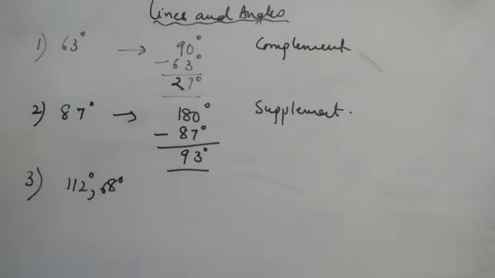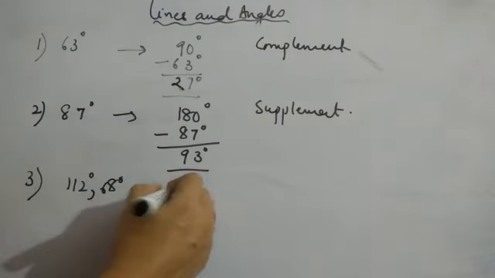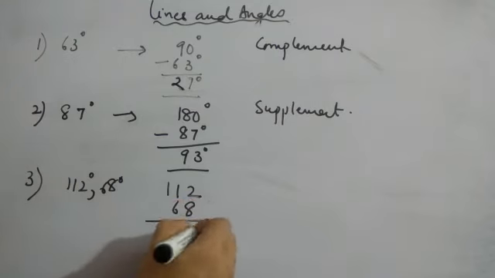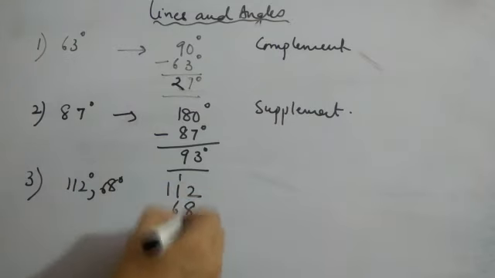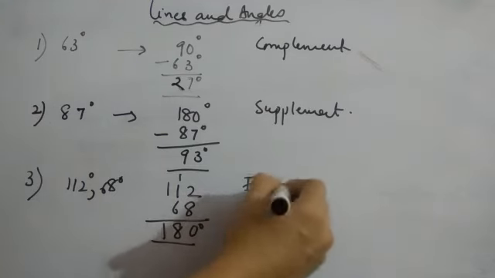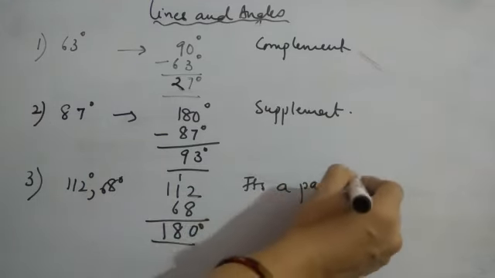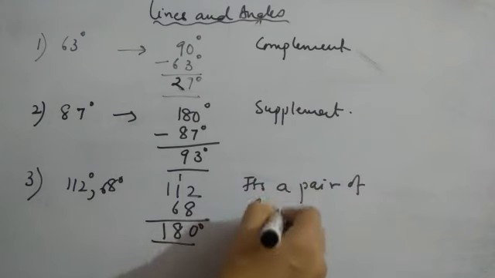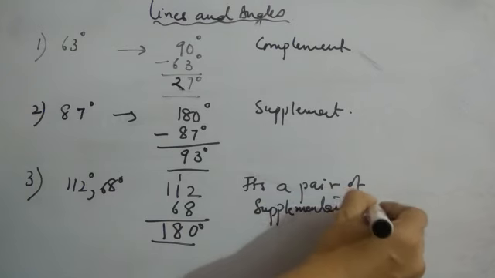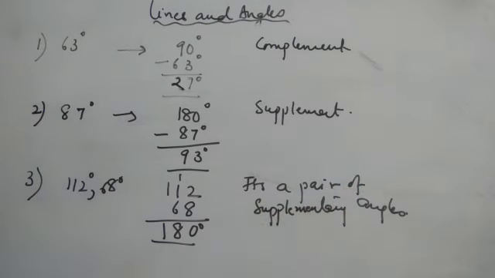You will add and see. 8 and 2 is 10, 6 and 1 is 7, 7 and 1 is 8. 180 degrees. So it's a pair of supplementary angles. If the sum comes out to be 90 degrees, then we will write it's a pair of complementary angles.